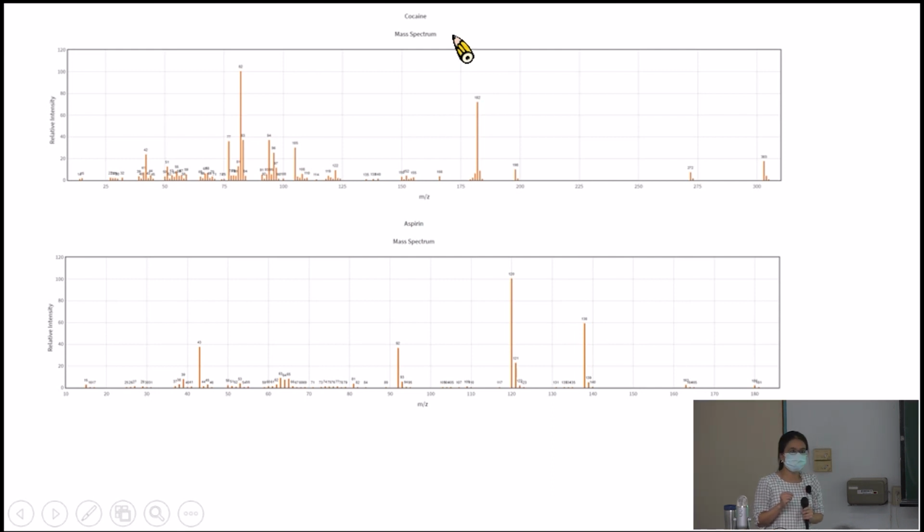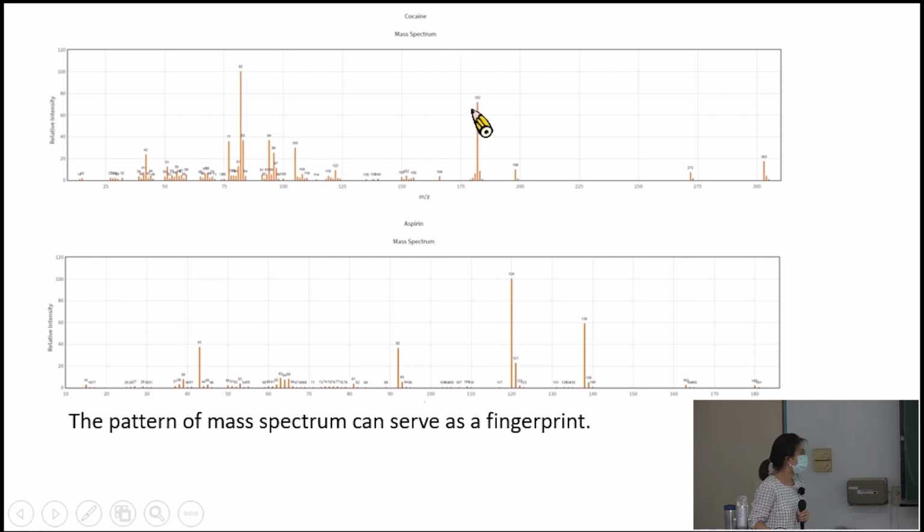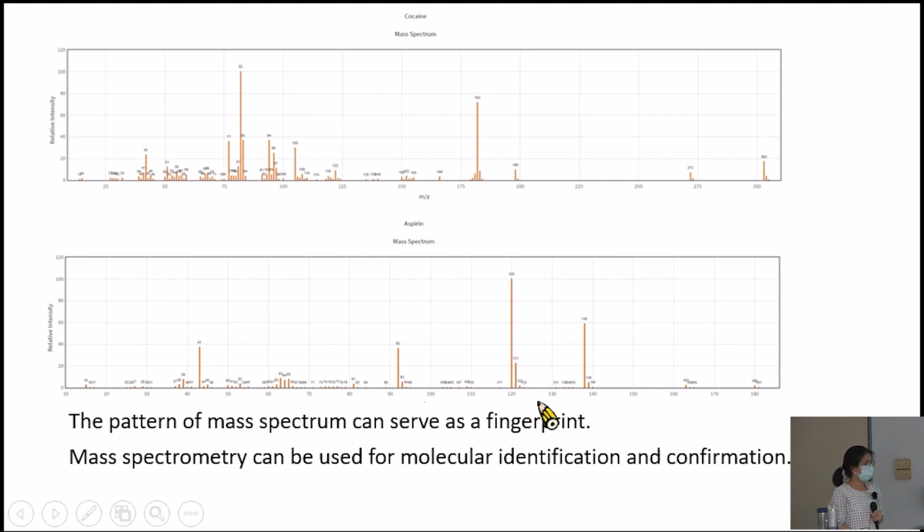Which means that different compounds have different fragmentation patterns. So we can use the different patterns of spectrum data as a unique fingerprint for each compound. Beyond that, each molecule has its unique mass.